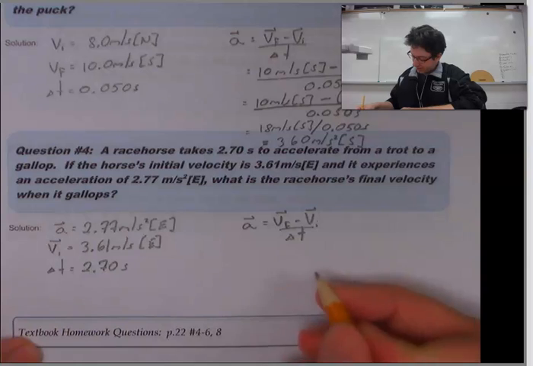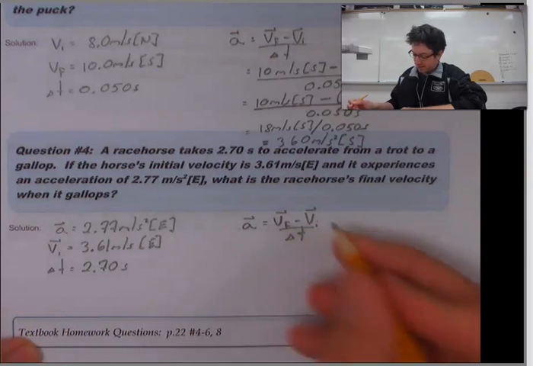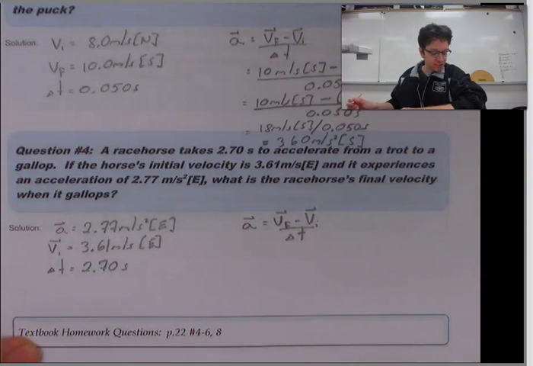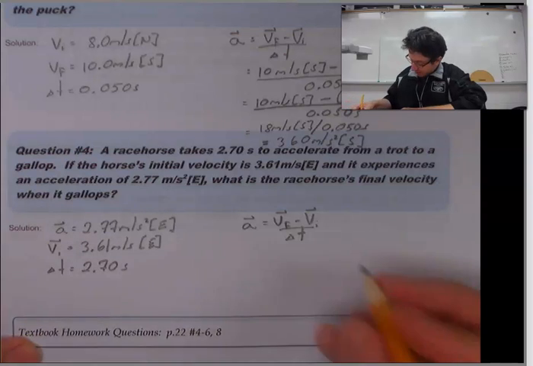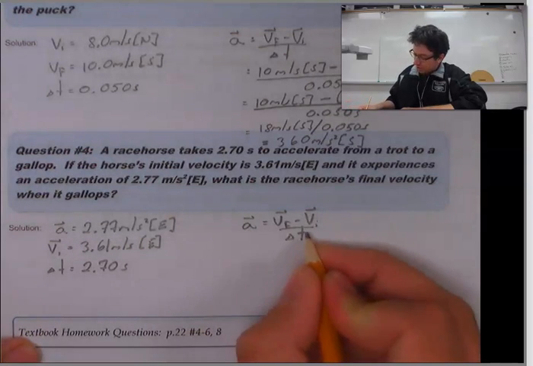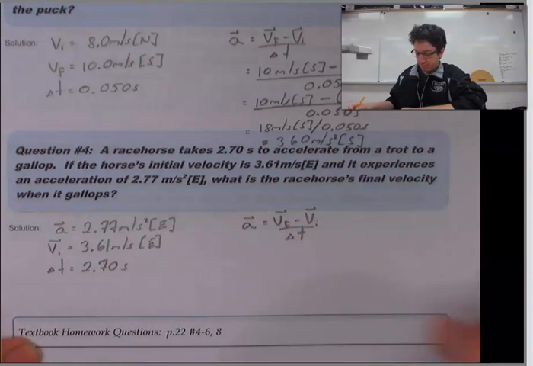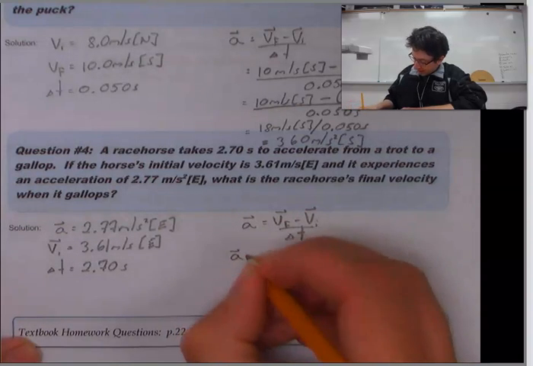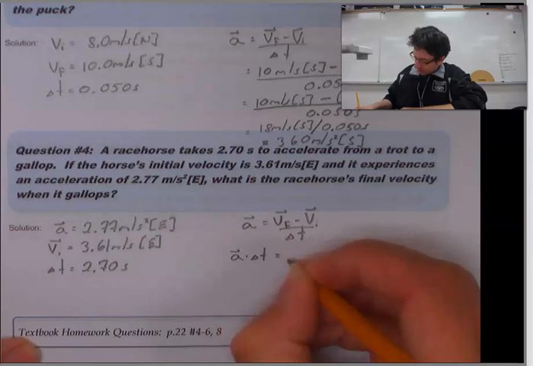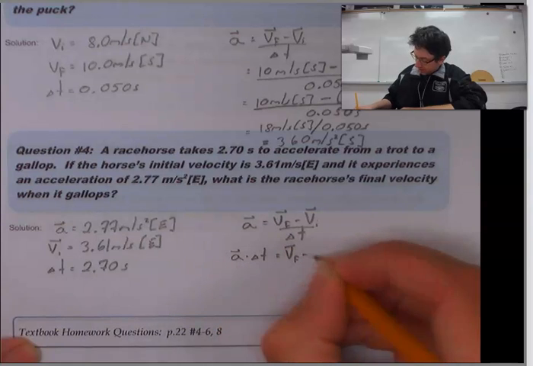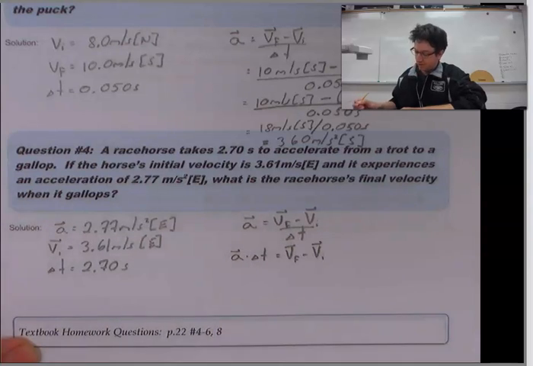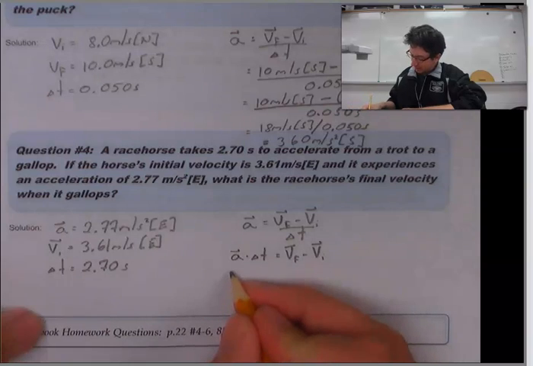Alright, so let's put in our numbers. You could rearrange first, or you can put in numbers and rearrange. I'll rearrange first. So if we multiply both sides by time, we'll get acceleration times time equals v final minus v initial. And now it's a little bit easier because we don't have a fraction. You can continue to rearrange, but if you want to plug in numbers, that's fine.